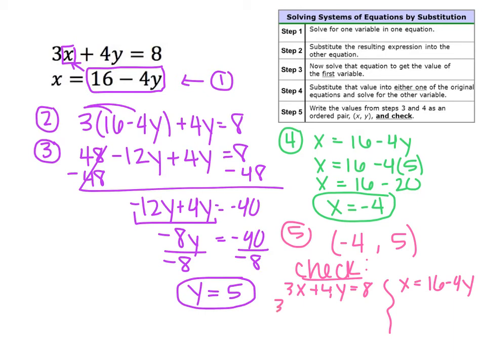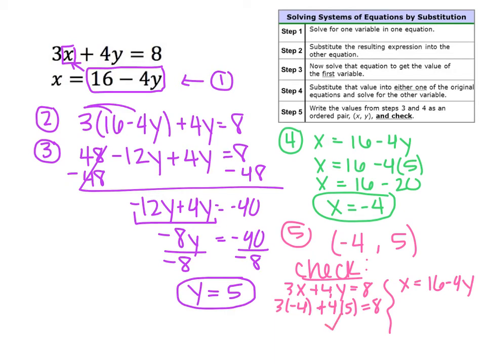So 3 times negative 4 plus 4 times 5 is supposed to equal 8. 3 times negative 4 is negative 12. Negative 12 plus 20. 20 minus 12, is that equal to 8? Yep, so that one's true.